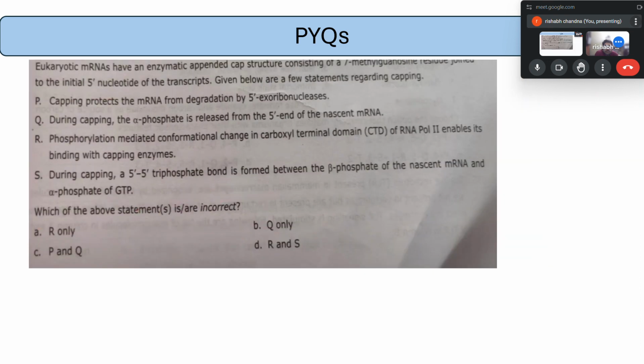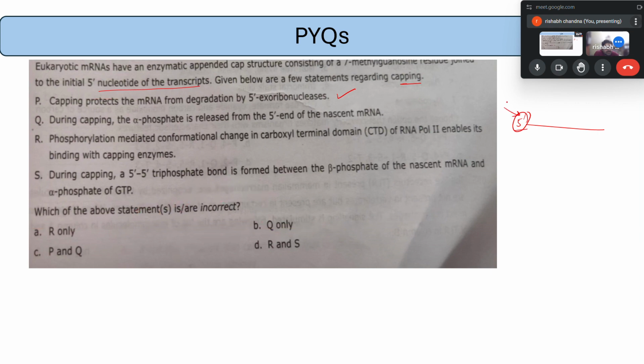Okay, moving on. Eukaryotic mRNAs have an enzymatically appended cap structure consisting of a 7-methylguanosine residue joined to the initial 5' nucleotide of the transcript. Given below are a few statements regarding capping. Capping protects the mRNA from degradation by the 5' exoribonucleases, correct? So, this is the mRNA chain, this is the cap.